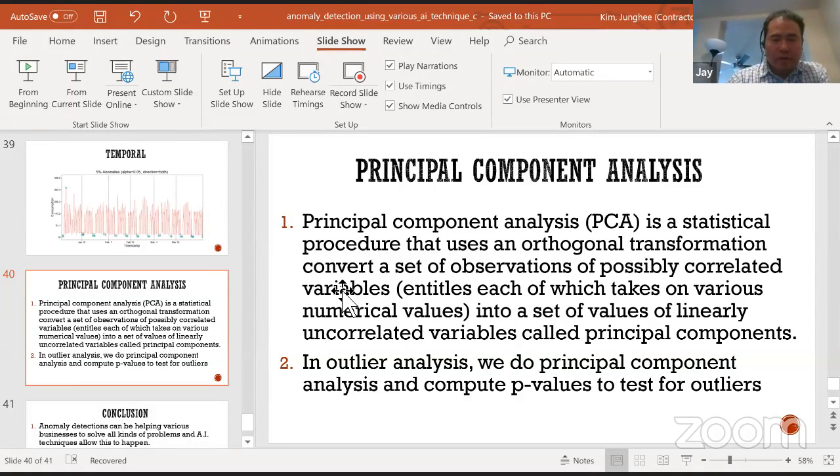And another one is called principal component analysis, PCA. It's very similar to autoencoder, but this one is not a deep learning model. It's not a neural network.